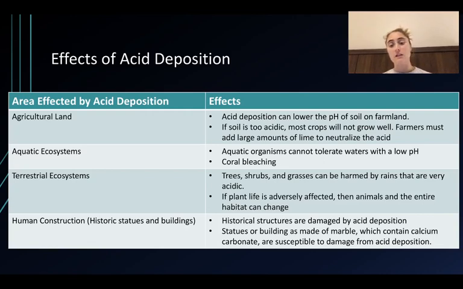The opening and closing of the stomata, and that will adversely affect gas exchange. So that can affect the productivity of ecosystems. And then human construction, so specifically things like historical statues or buildings, can also be damaged by acid deposition. Things made of marble, which contain calcium carbonate, are susceptible to the damage from acid deposition as well.